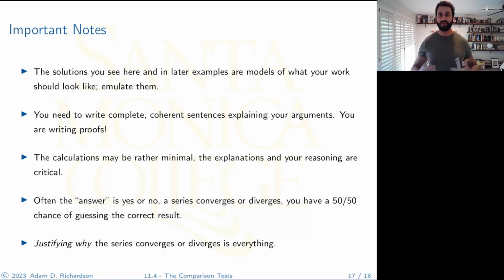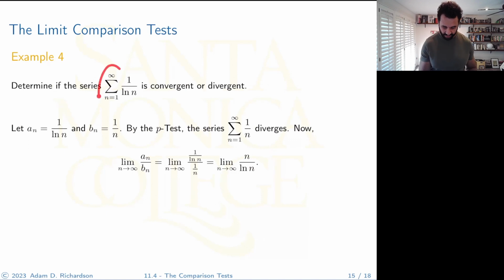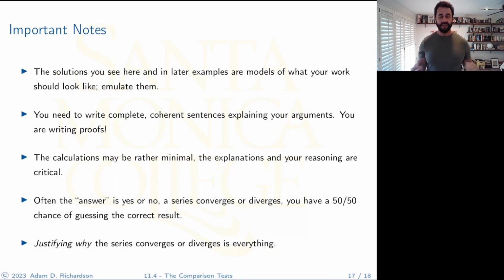So you could just throw out a random guess. Like when I look at this series here, I guessed that it was divergent. I was like, it feels like it's going to be divergent. That's not a proof. That's not an assertion. You can't claim that that's true because you got a hunch. You have to prove that it's true. So yes or no is not a sufficient answer. You've got to actually prove it, okay?